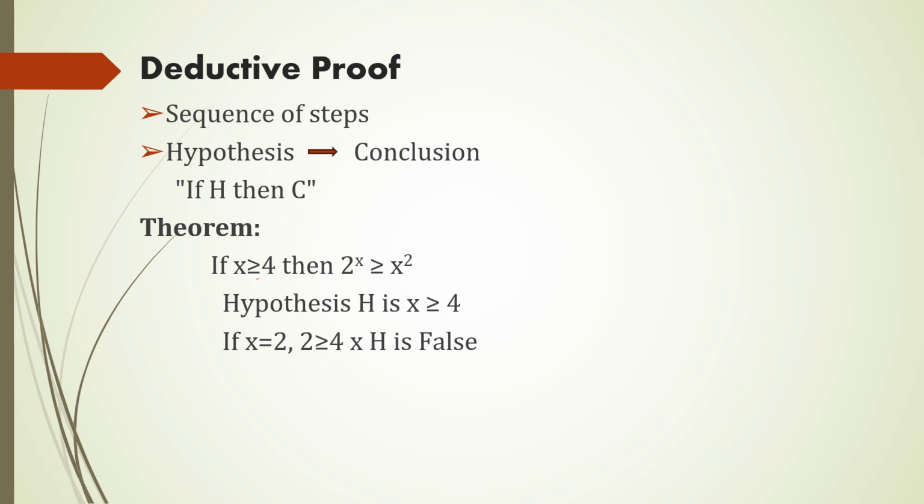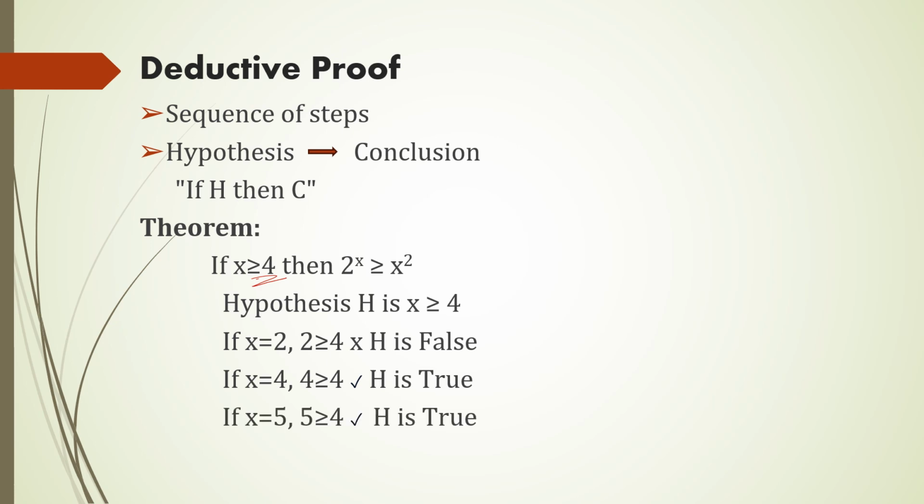Now consider some other value for x, one that satisfies our hypothesis. So take x is equal to 4. If you substitute x is equal to 4 in this hypothesis, you get 4 greater than or equal to 4, which proves the hypothesis. So the hypothesis is true.